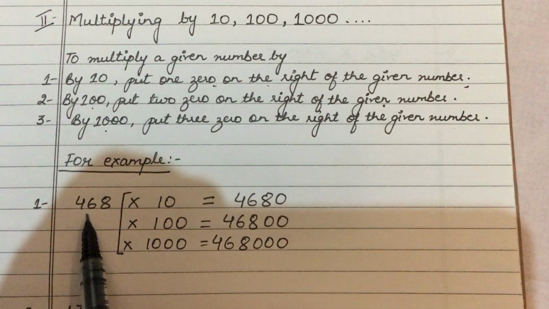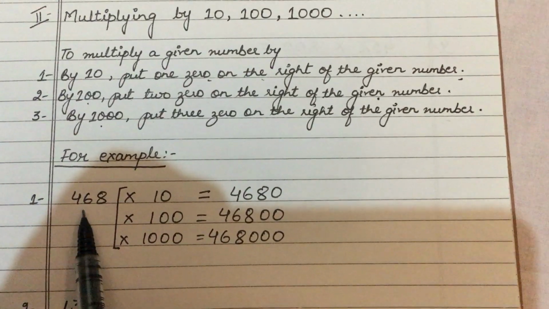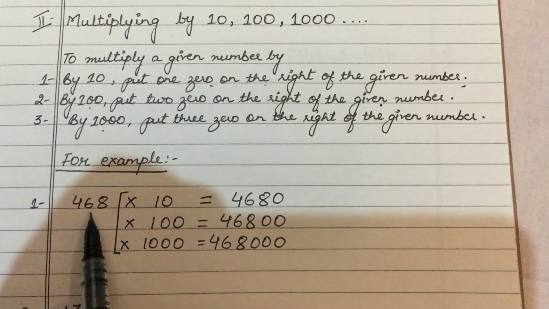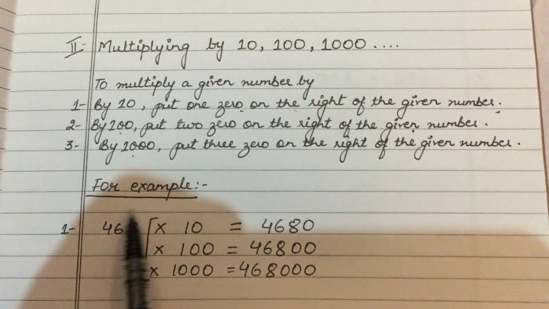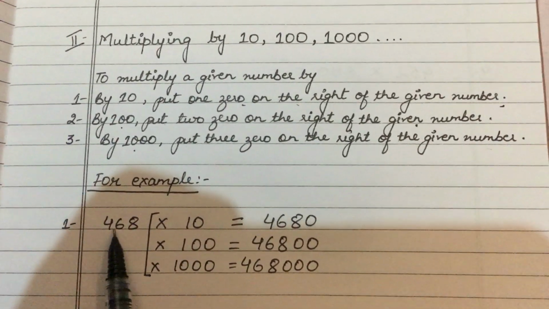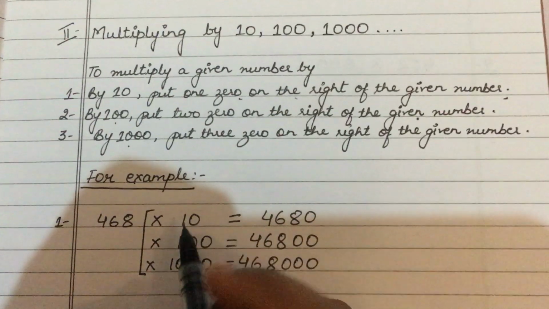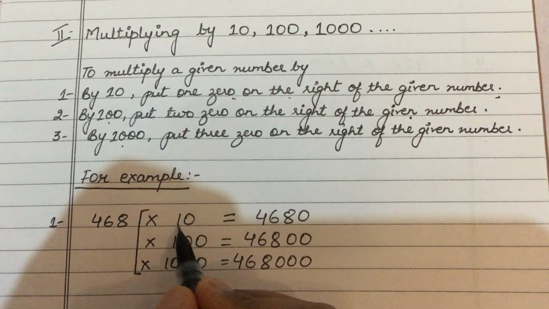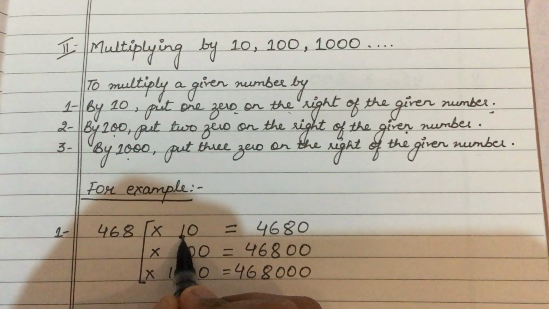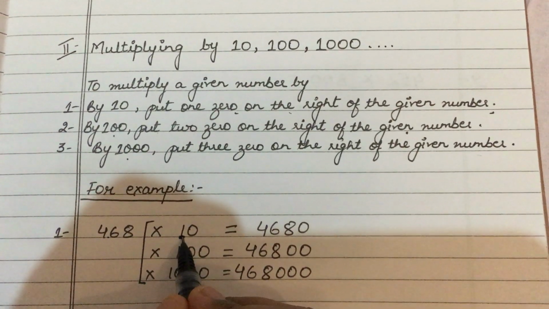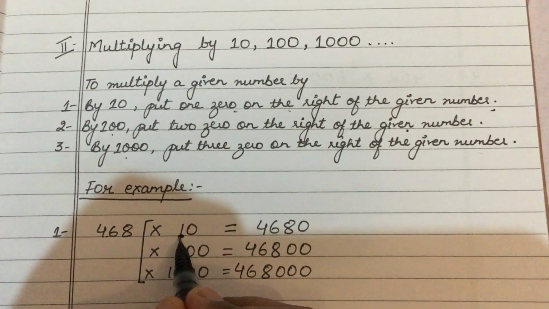So 468 is the given number. We have to multiply it by 10. You don't have to show the working here. You can do it directly. You can see that in 10, the digit is 1, and any number multiplied by 1 is the same. So 468 multiplied by 1 will be 468.